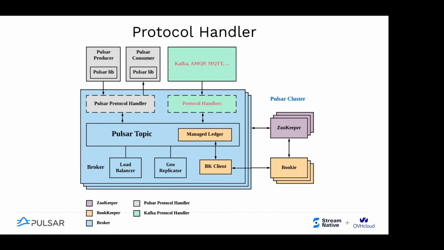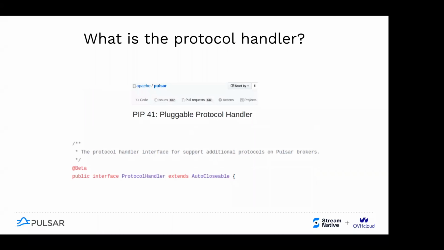That is the protocol handler framework, and you can use it for implementing different types of protocols. We introduced that as PIP-41. It's an interface that everyone can use for developing a protocol for Pulsar.